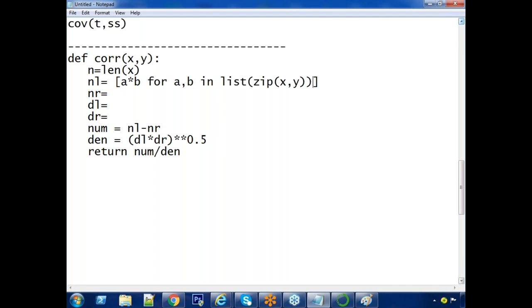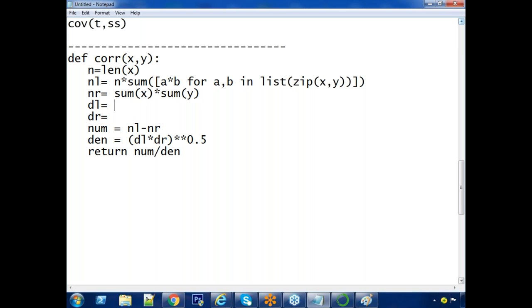Correct? x into y ready? For that, sum. Again this has to be multiplied with number of elements. Now numerator left side ready or not? Check with your formula. By this expression, number of elements into sum of xy. Correct? Right side, sir. Sum of x into sum of y. Very simple.